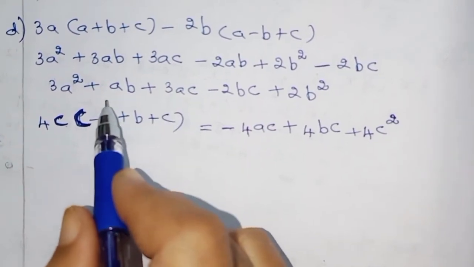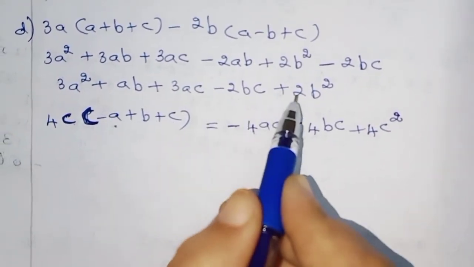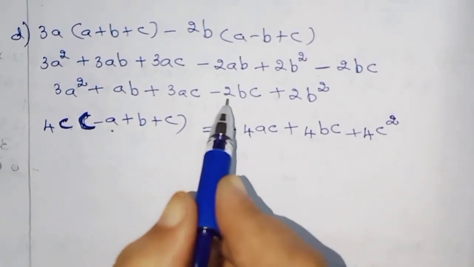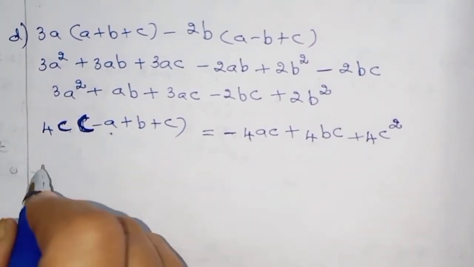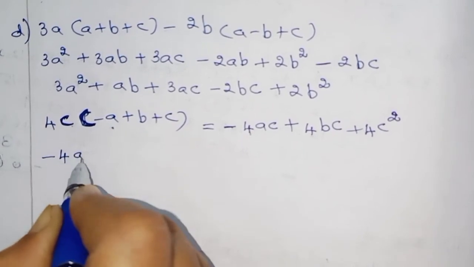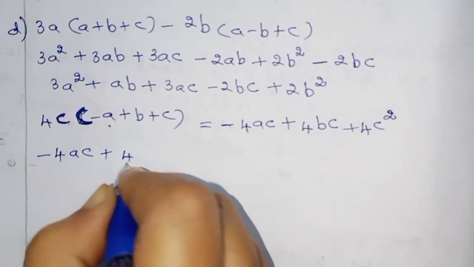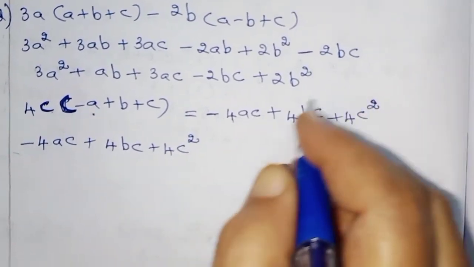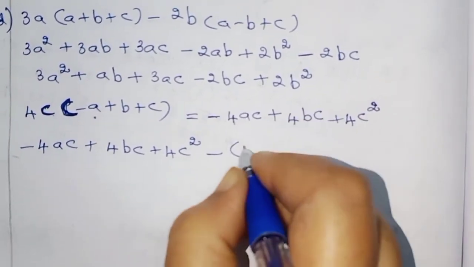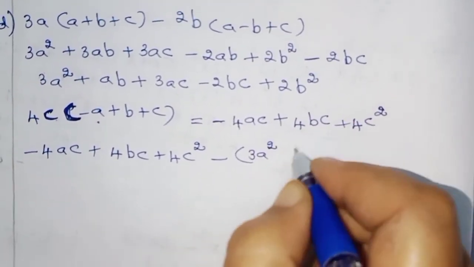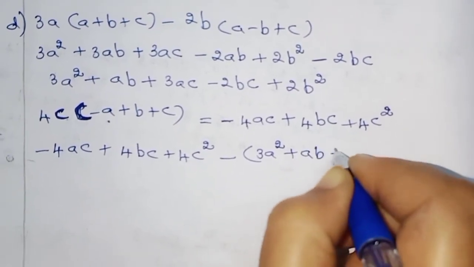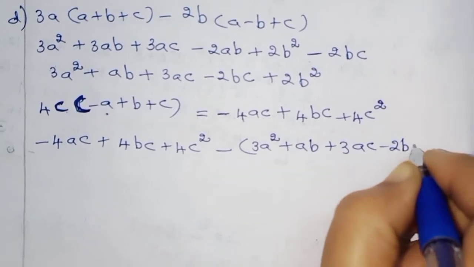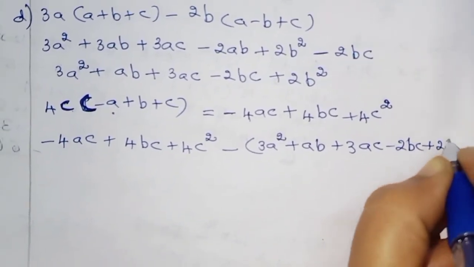When we simplified, we got this first algebraic expression, so from the second algebraic expression we have to subtract this. So minus 4ac plus 4bc plus 4c square minus (3a square plus ab plus 3ac minus 2bc plus 2b square).